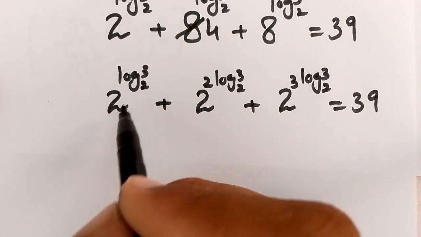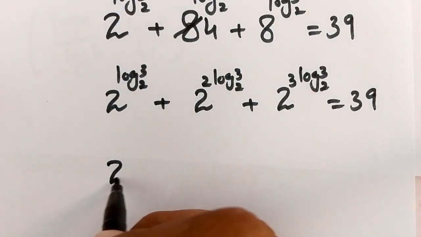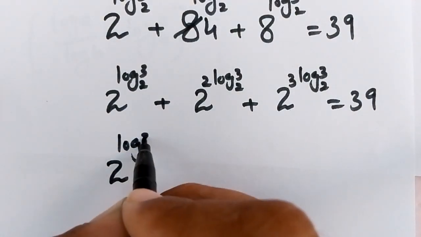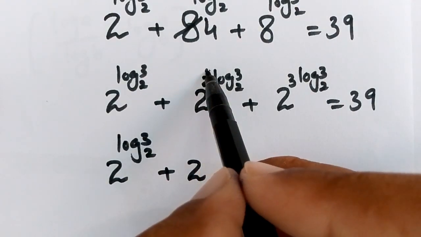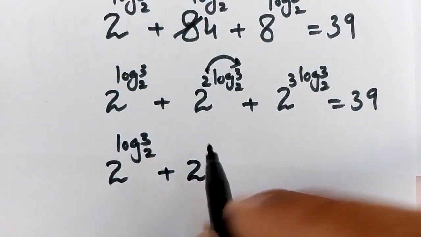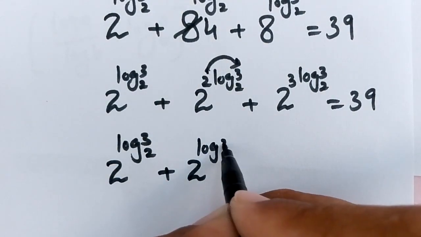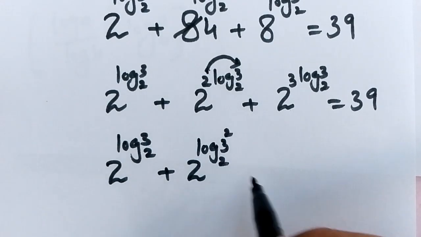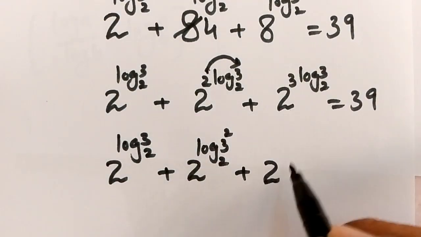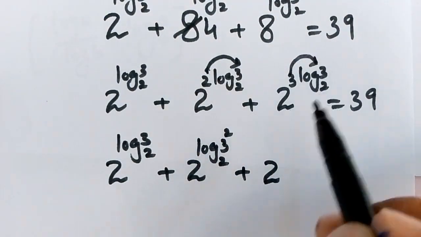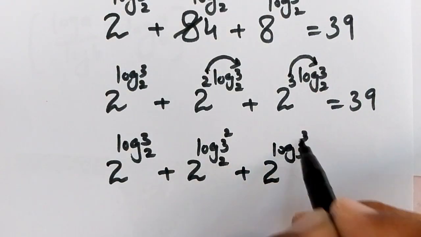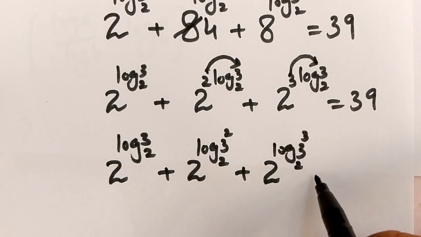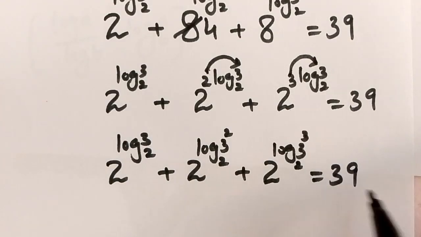Now 2 to the power of log of 3 with base 2 plus 2 to the power of, we have to move this power here, so this will become log of 3 square with base 2 plus 2 to the power of, we have to move this power here, so this will become log of 3 to the power of 3 with base 2, which is equal to 39.